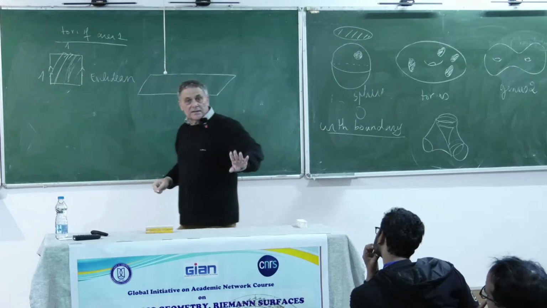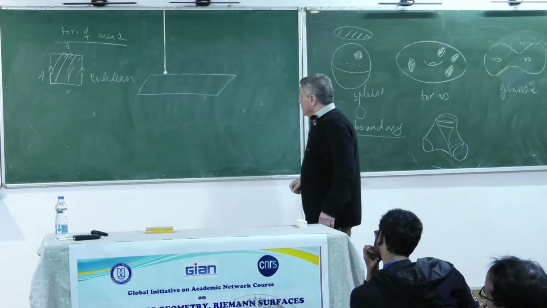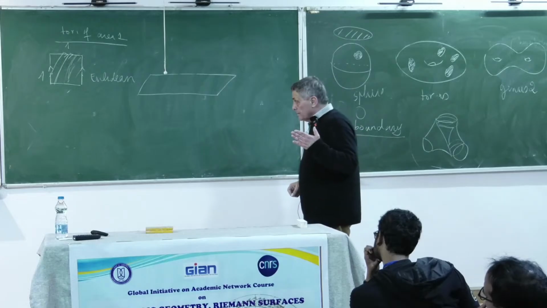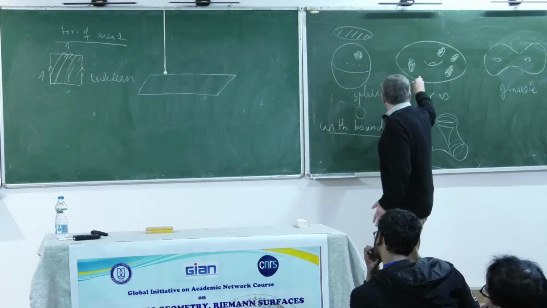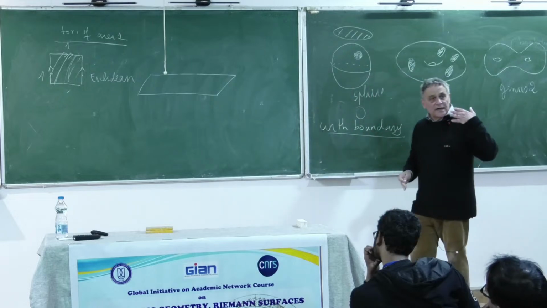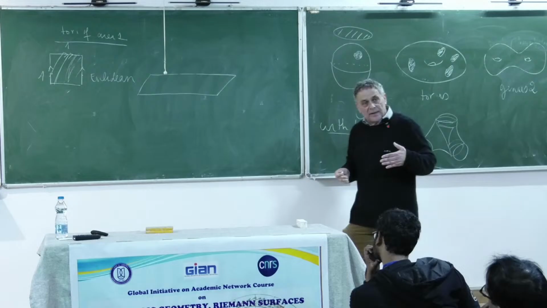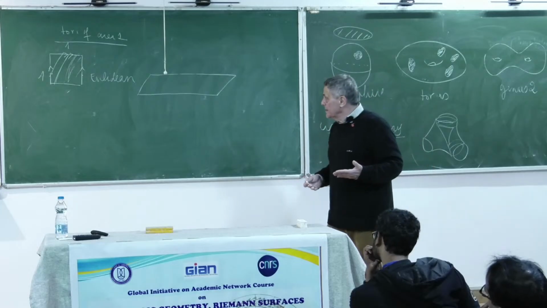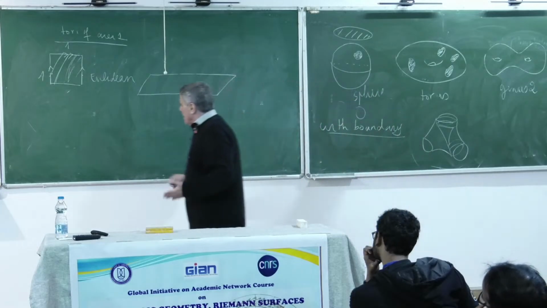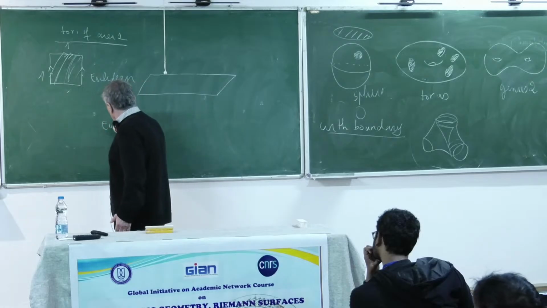Okay, so let's do this more carefully. I have a surface which is this one, and I want to put a metric on this surface, and I want it to be a Euclidean metric.